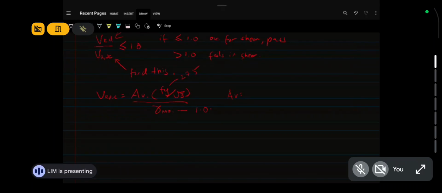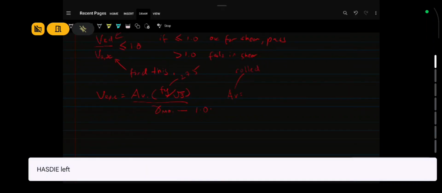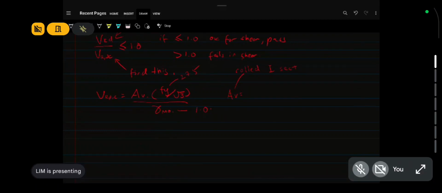What is Av? So Av is also given on the same page. Now, you want the Av for a rolled I section. So what is the formula for Av for a rolled I section?